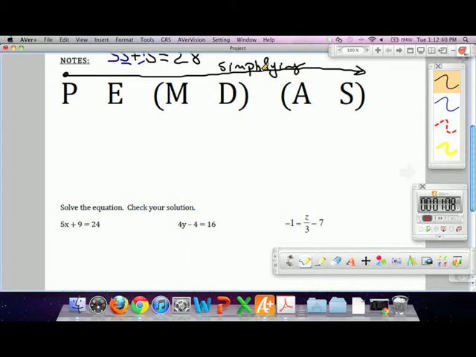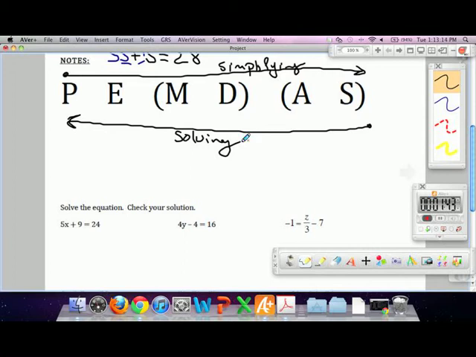When we're solving, when you're trying to get x by itself, we do the exact reverse. We start at this end and undo anything until it's just an x or a y or whatever variable is left over. We undo in the reverse order.